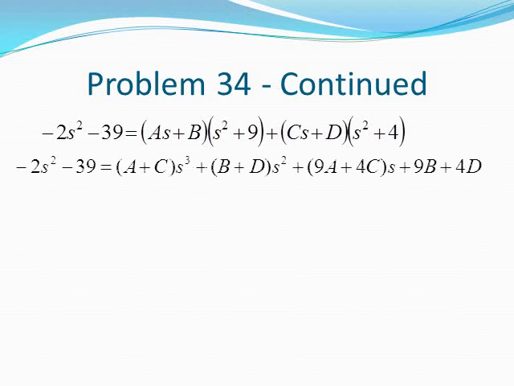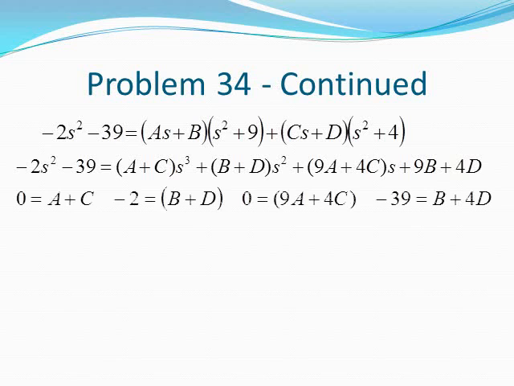And then if you expand the numerator on the right-hand side and group by powers of s, you get this. And again, we set the coefficients of each power of s on the left-hand side equal to the coefficient on the right-hand side, and you get 4 equations and 4 unknowns.